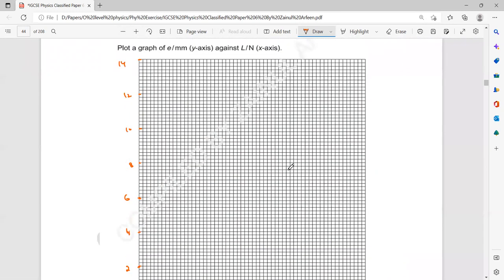Then 6, 8, 10, 12, and then 14. So I have my scale and I'm covering about 70% of the graph paper with my scale. So that's also correct.